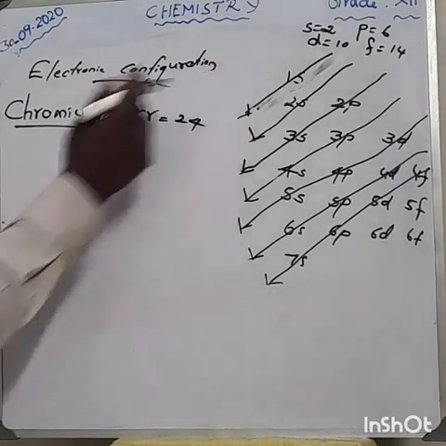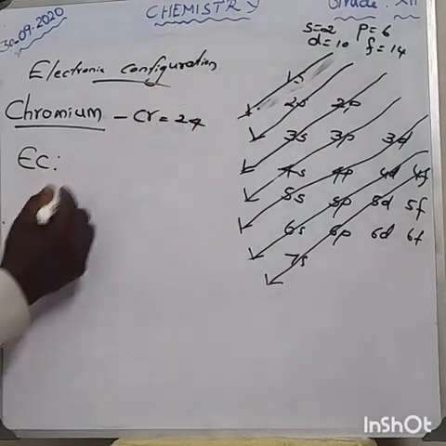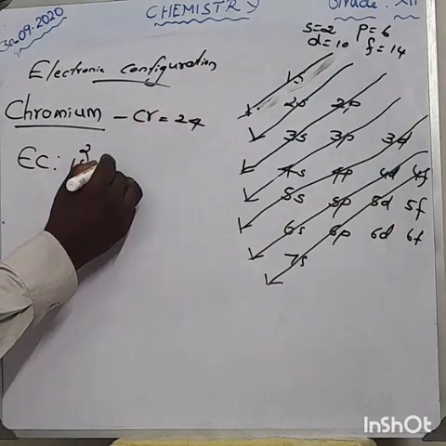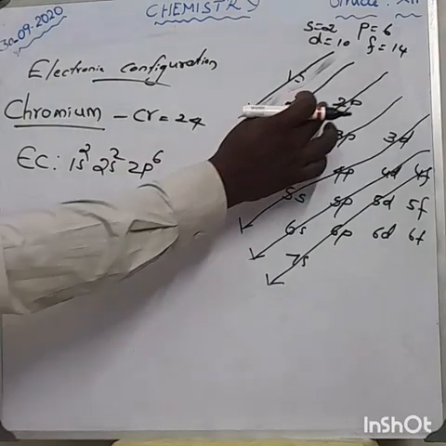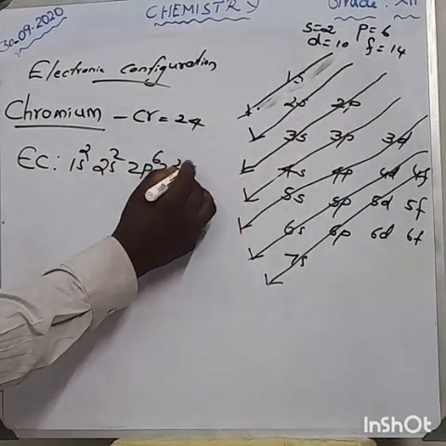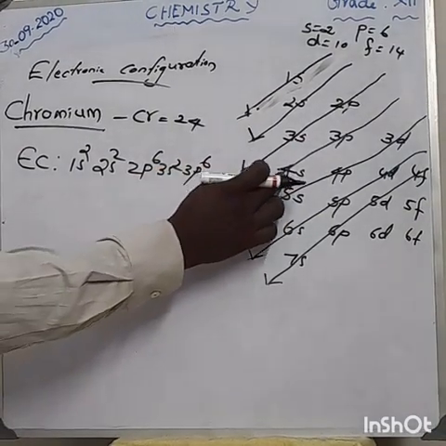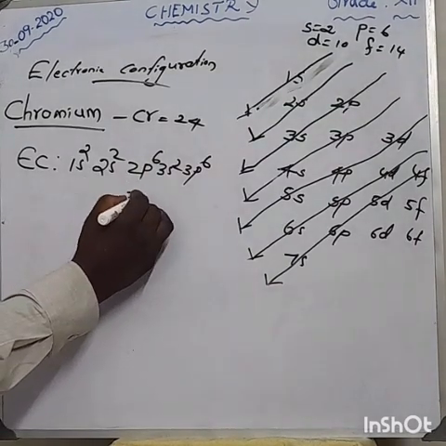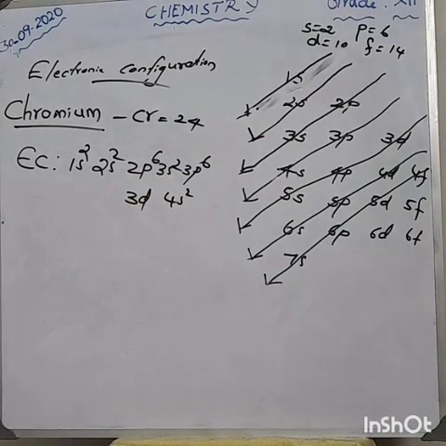Start with 1s. EC, electronic configuration, is equal to 1s2, next 2s2, next 2p6, after the 2p, 3s2, next 3p6, next don't write the 4s, write 3d, next 4s2.